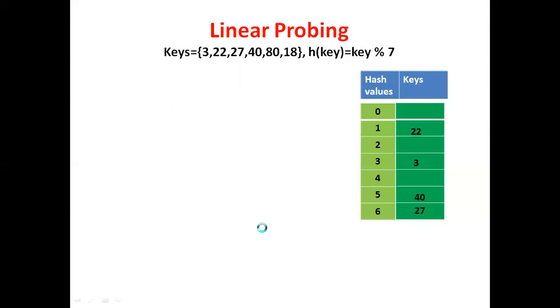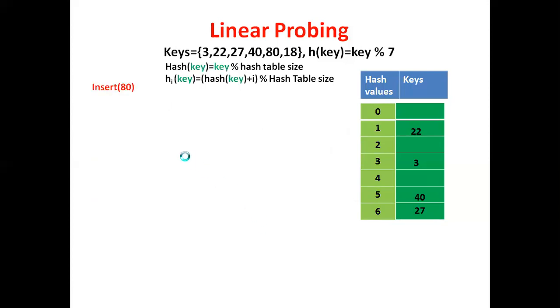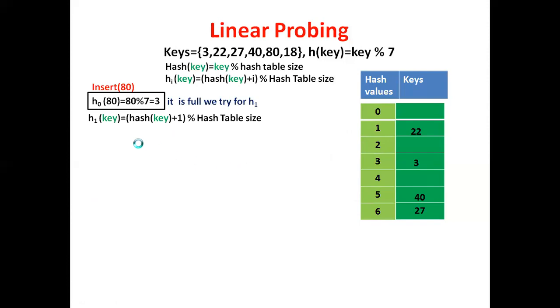Okay. Now I want to insert 80. How to insert? 80 modulus 7 is equal to 3 remainder, but bucket 3 is already filled by 3. Then we can choose for i value 1, h1 of 80. So how to solve this problem? h1 of key is equal to (h(key) plus 1) modulus hash table size. So what is h(key)? That is the h0 value.